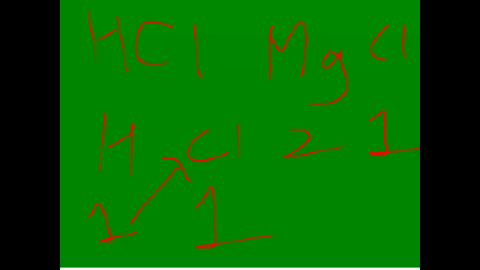Now we will cross over. So 2 will go with chlorine and 1 will go with magnesium. So MgCl2, magnesium chloride. This way you have to form the formula of compounds.